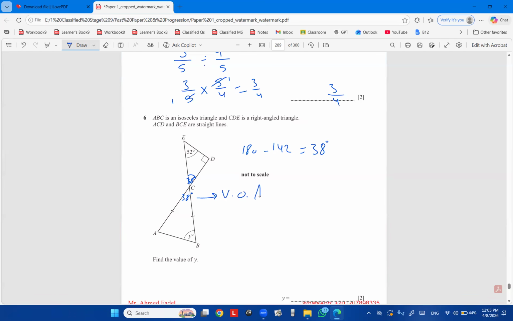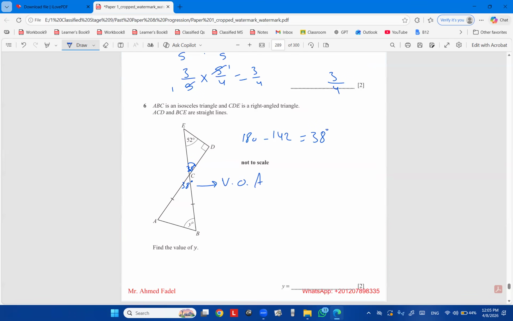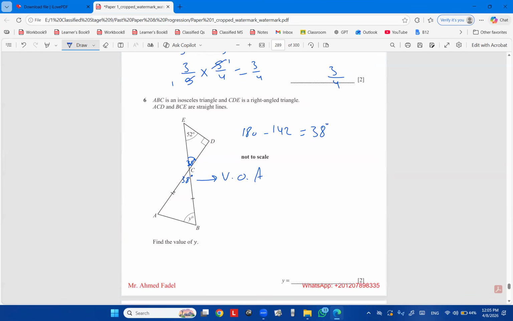All right, here we have an isosceles triangle. They said that this is equal to this. This triangle has three sides. This and this are equal. The third side has the two equal angles, so this one is equal to this one. If this is y, then this one is also y.